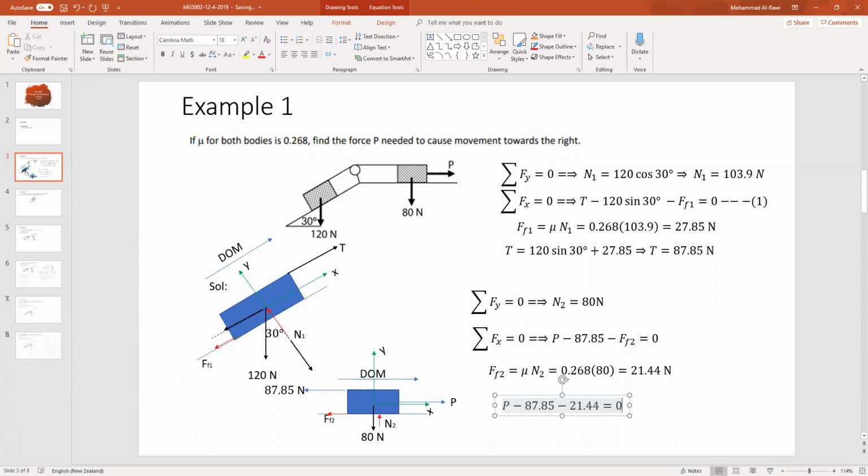Now, what we could do instead of that, moving these two numbers on one side, so that equals P will be positive because we're moving it to the other side, and this one positive as well, and this one will not be equals to 0. What's the value for the force required? So if you add these two numbers, you will get 109.29 newtons. That is the final answer for this question.